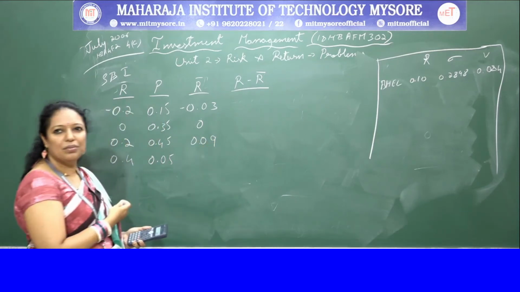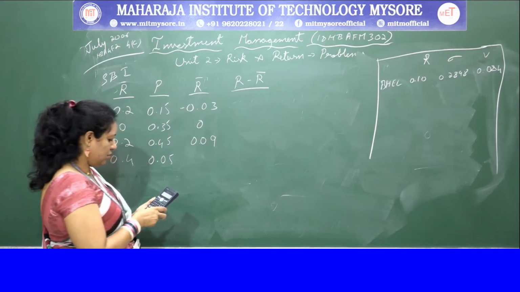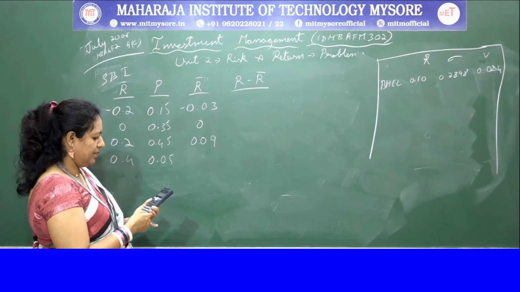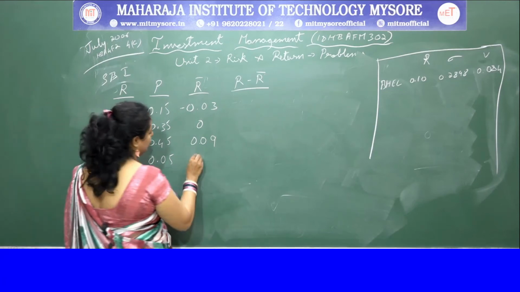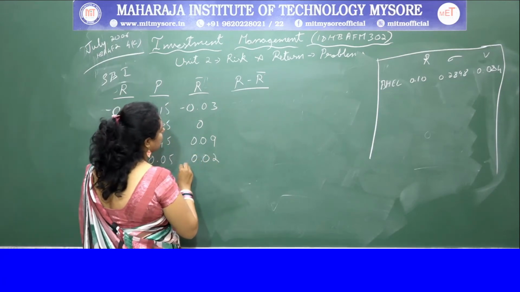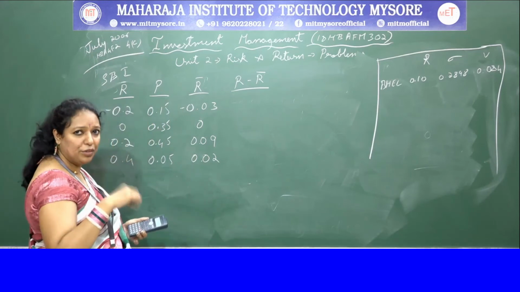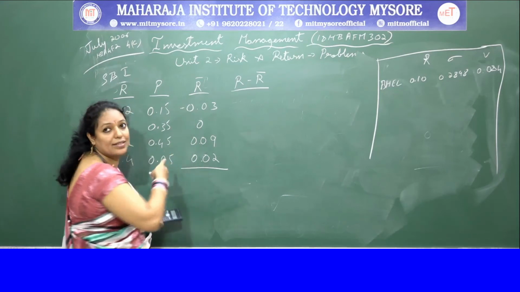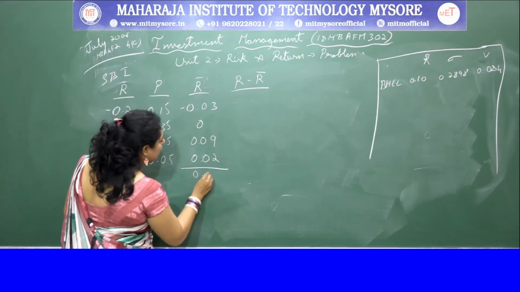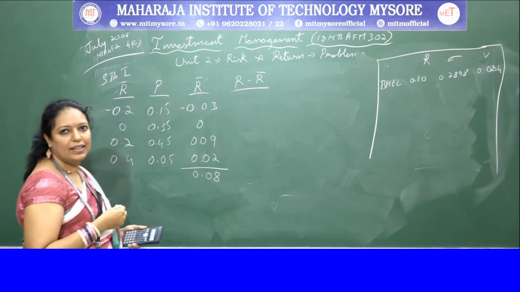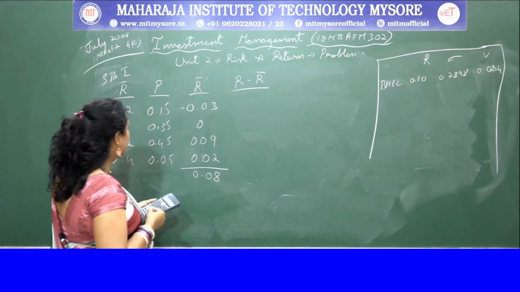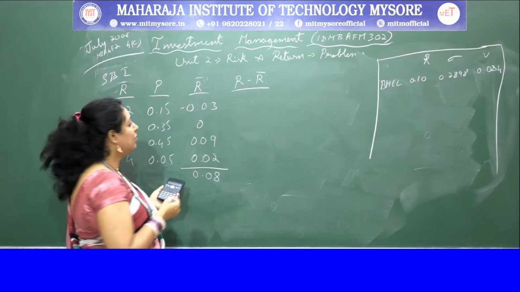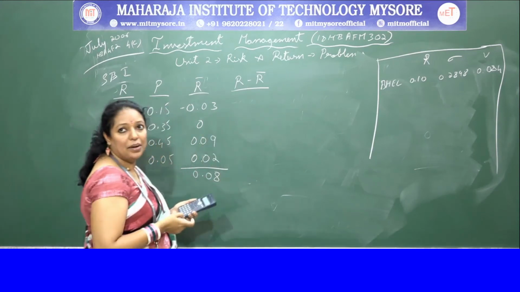And the last one of this 5%, that is 0.4 into 0.05, so you get 0.02. But you have to total this. 9, 10, 11 minus 3, it is 0.08 is the answer.